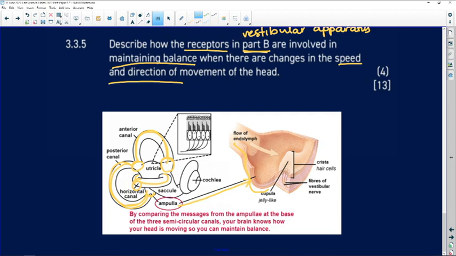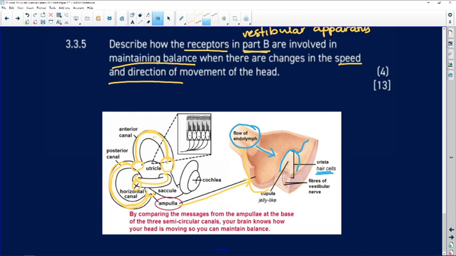Within the ampulla, and we must remember that these semicircular canals, very much like the cochlea, are filled with a liquid. And this liquid or endolymph can move depending on the direction of your head, the position of your head. And at the base of this cup-like structure, this cupula, we have got hair cells.